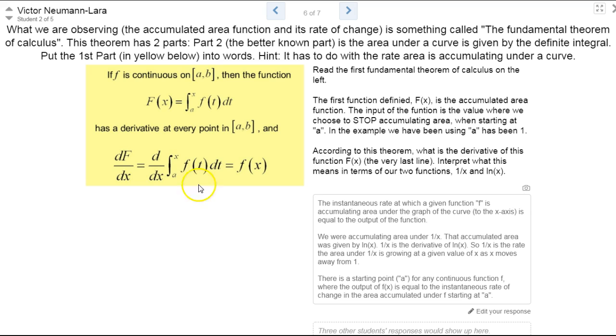The big interpretation of what this is saying is that how this area accumulation function is changing is literally the function that we're accumulating area under, at the point that we have stopped our area accumulation, for a specific starting point. Okay, that was the big thing, for a specific starting point.